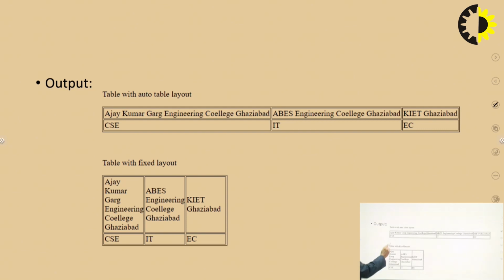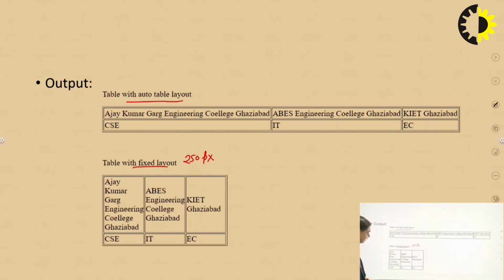This is an example. In this case, we have an auto table layout. Here you can see the width of the cell is adjusted according to the content. So if the content is long, then the width of the cell will be long. In the second case, we have fixed the layout at 250 pixels.